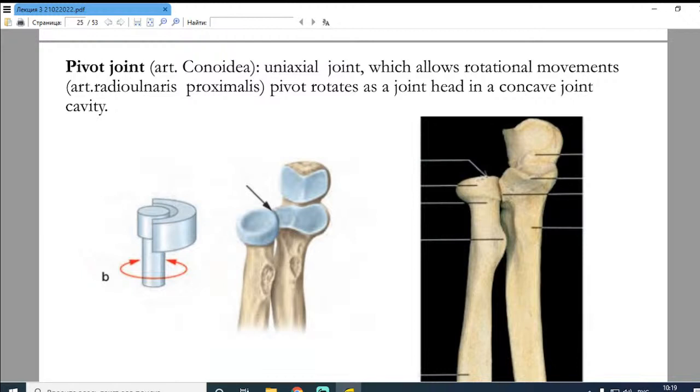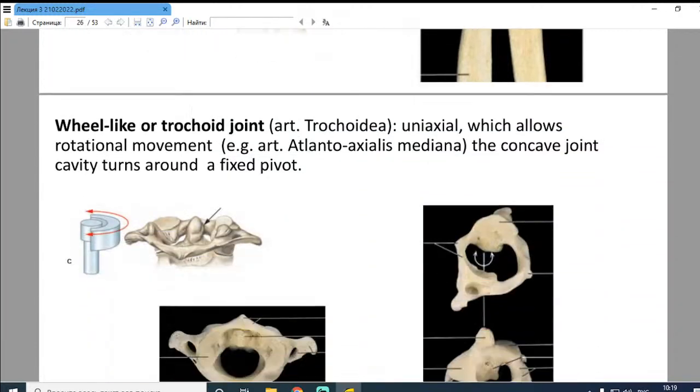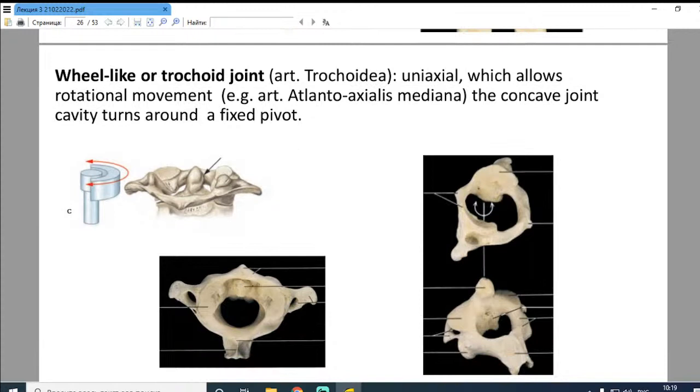Pivot joint, uniaxial. Rotating head of radius in a concave joint cavity. Or trochoid joint, uniaxial, which allows rotational movement.